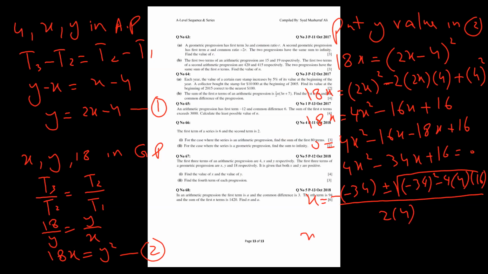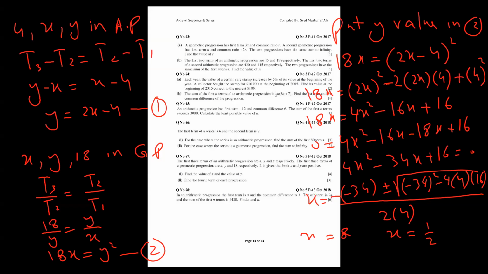You can check it. A is 4, B is 34 and C is 16. The answer I'm getting here is 8 and a half. I got two answers, 8 and a half. But look here, we have three terms, so we got two values, 8 and a half.